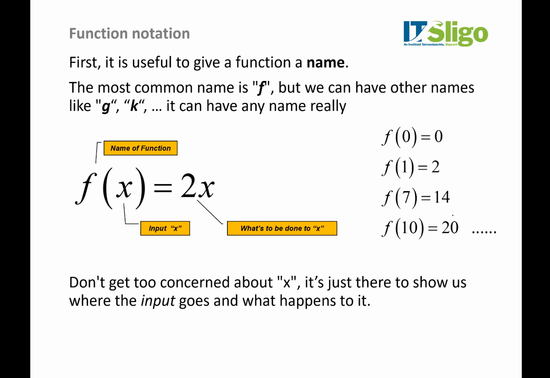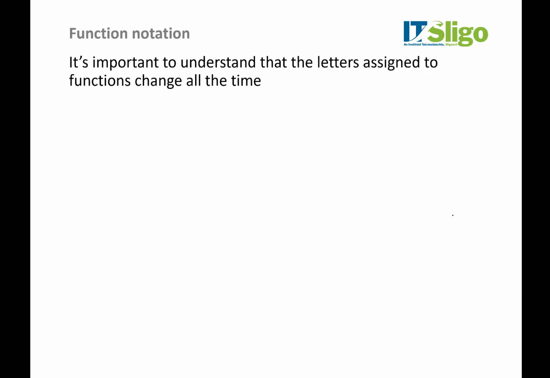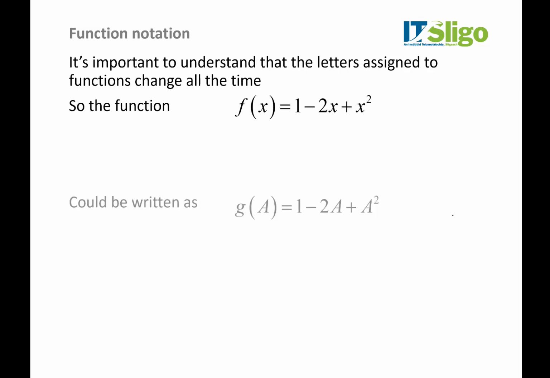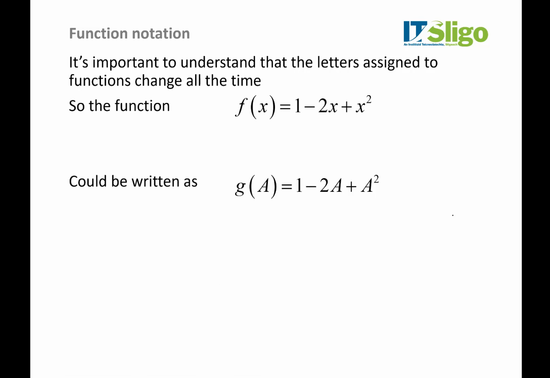And don't get too concerned about x. x again can change its letter depending on the system, but it's really just showing you your input. This is where the input goes. If I choose 2 as my input, anywhere I see x, I'm going to put in the value 2. The letters change all the time. So like I said, f(x) is 1 minus 2x plus x squared, could be written as g(a).